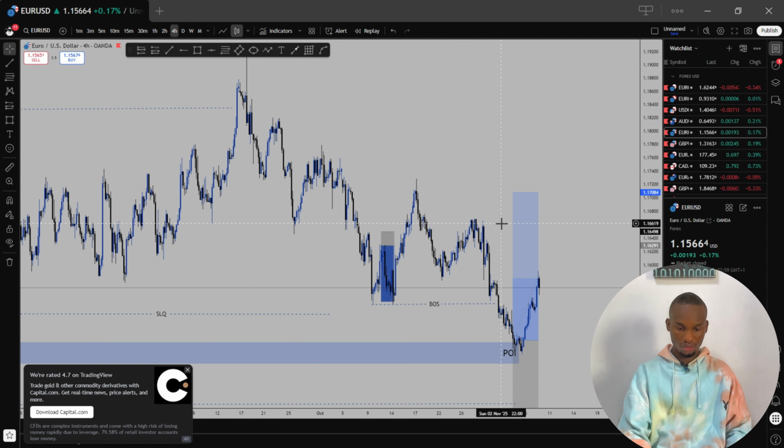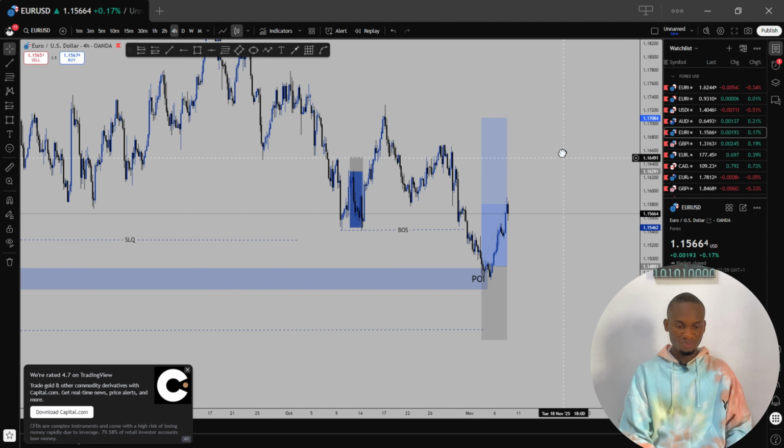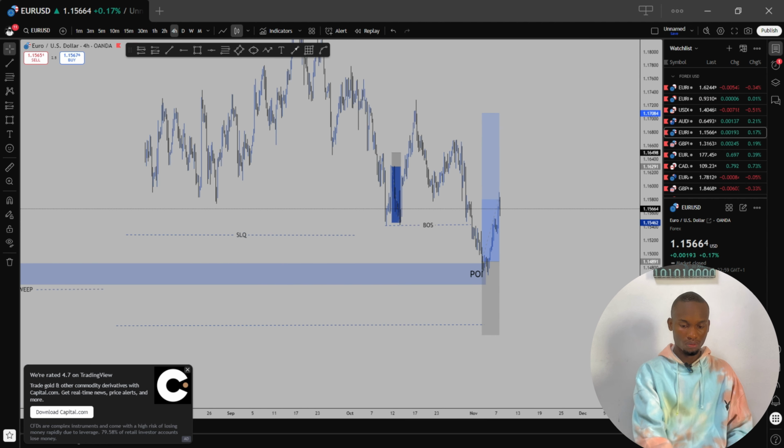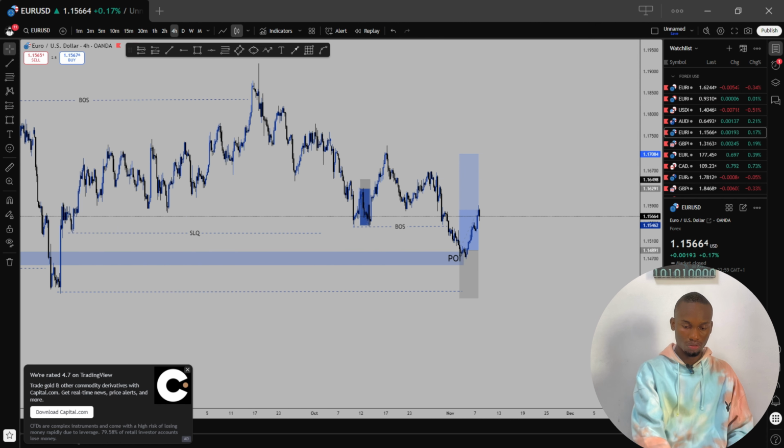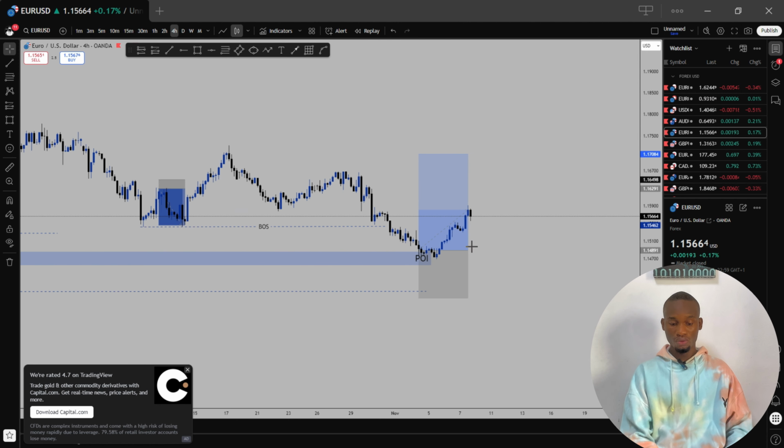Okay, this is a trade I'm currently in on Euro USD, and the market closed. So we're waiting for the market to open. Let's see how it continues. So I'll still put that under here.